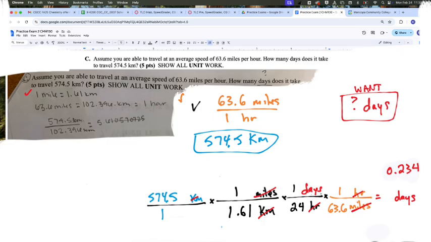Last one, how many sig figs? 3. How many sig figs do we have in our answer? 3. So 0.234 is actually correct, because that has 3 sig figs: 2, 3, and 4. The 0 in front is not significant because it doesn't have a significant digit to the left.